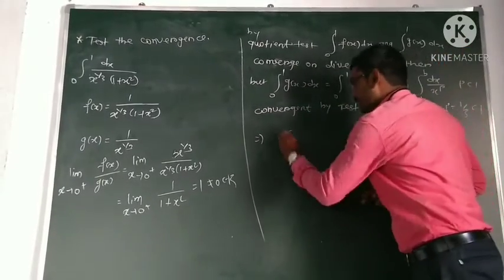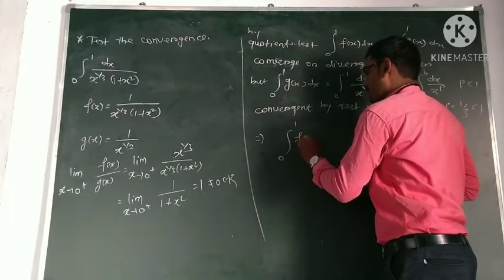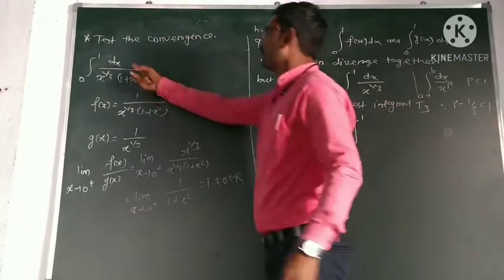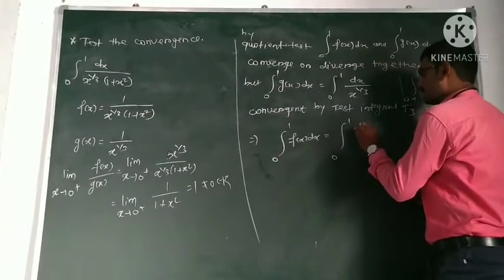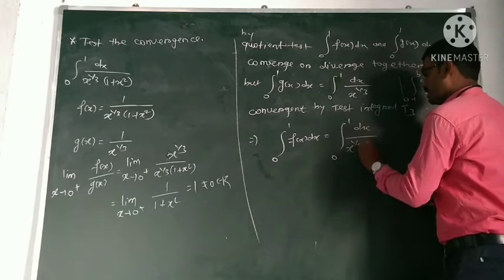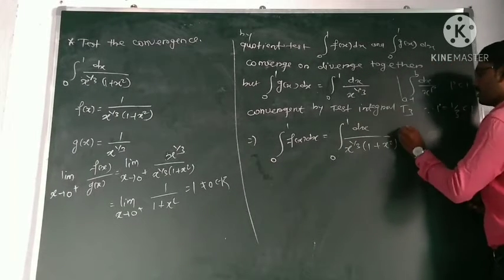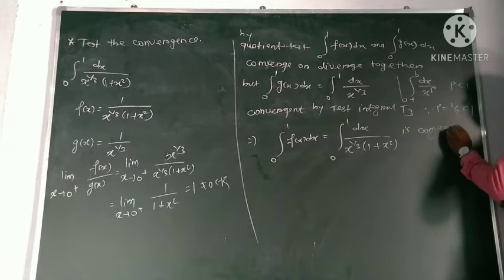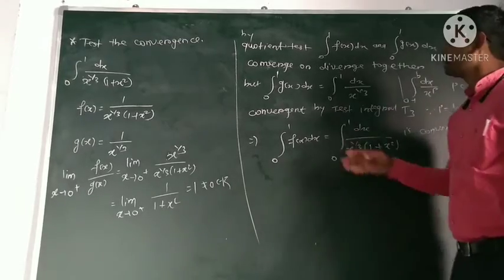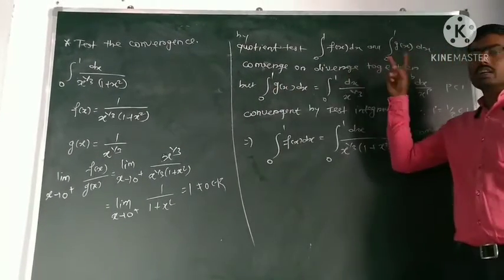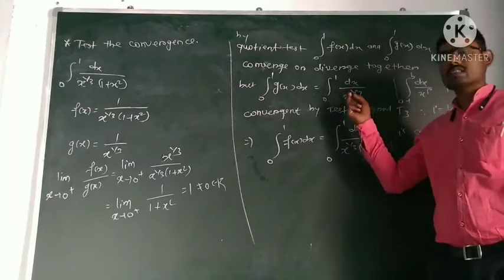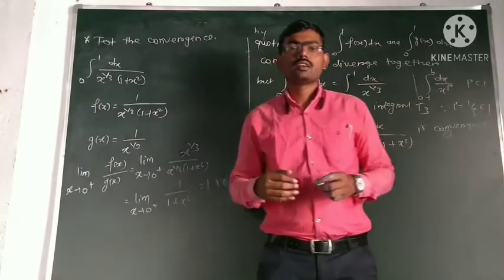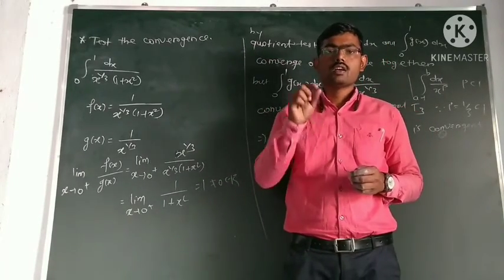This implies the integral from 0 to 1 of f of x dx, that is, 1 upon x to power 1 by 3 into 1 plus x square, is also convergent. Why? By the quotient test both integrals converge or diverge together, but one integral is convergent, so the other integral must be convergent. This is the use of the comparison test, or limit comparison test, or quotient test.